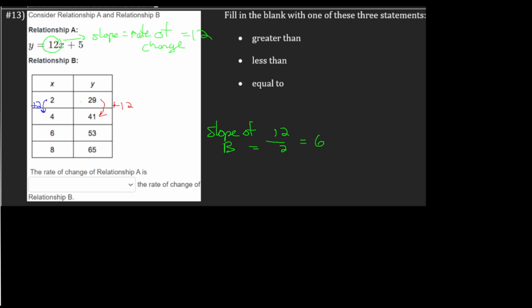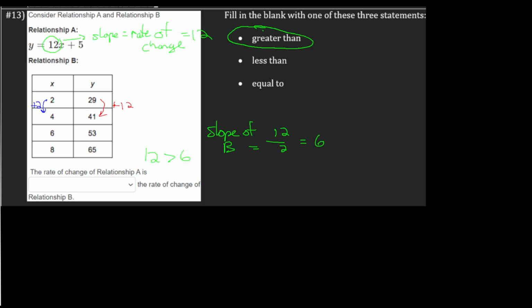If I'm comparing these two, 12 is greater than 6. So I would say the first option is what we're looking for: the slope of A is greater than the slope of B.